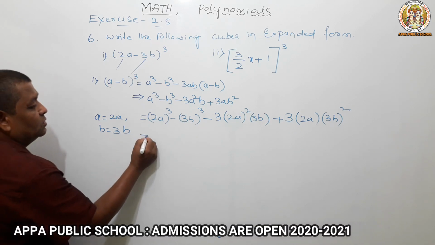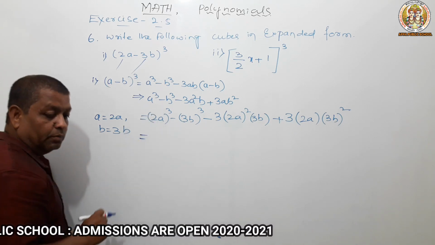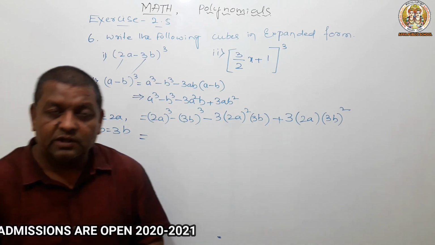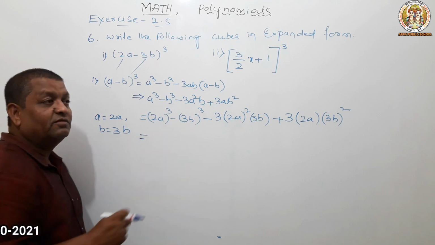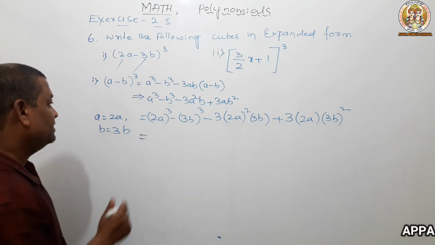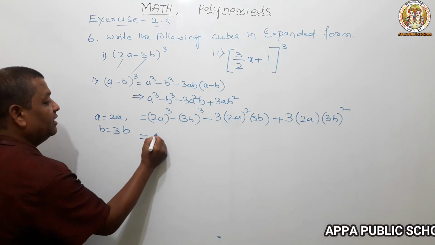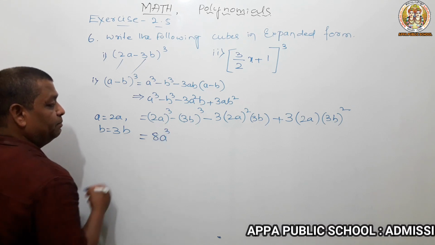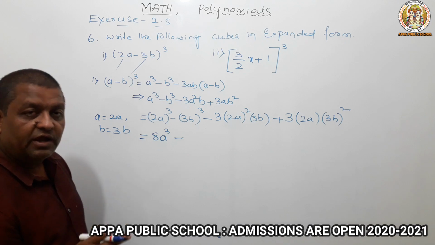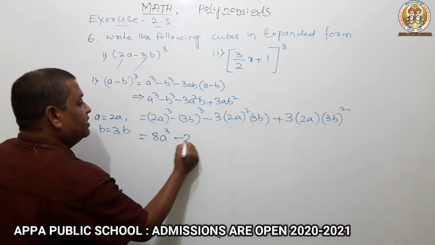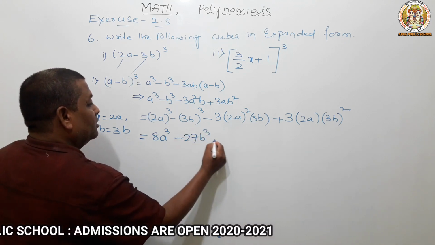It's very simple. 2 cube. Maximum students are doing it in a hurry. 2 cube means not 2 threes are 6. 2 cube means 2 into 2 into 2, that is 2 2s are 4, 4 2s are 8. 8a cube. Minus, as usual, 3 cube, 3 into 3 into 3, 27b cube.